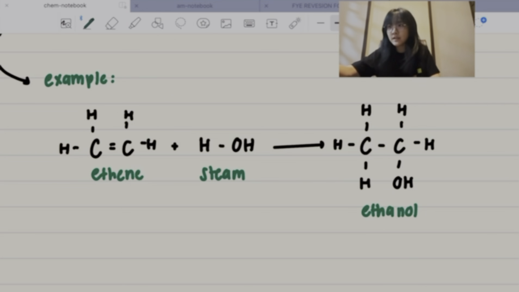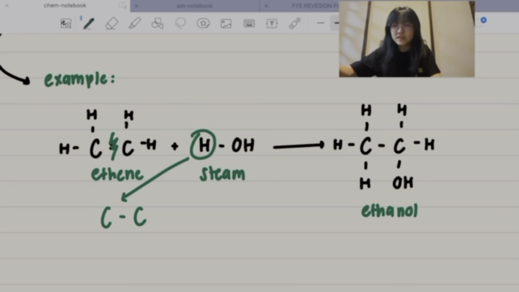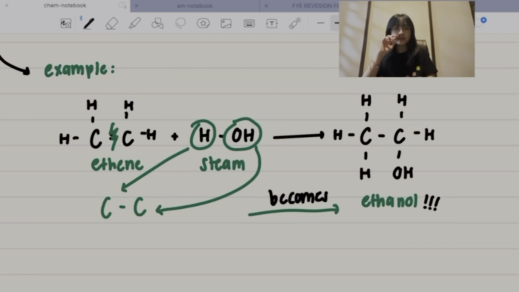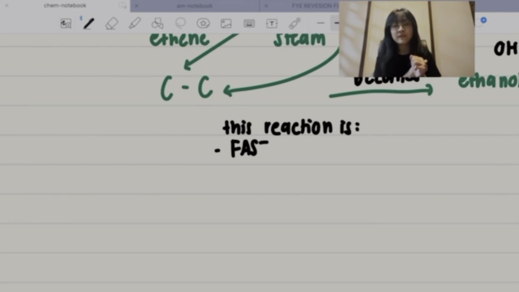So how does this reaction happen? You see, the carbon double bond from ethene will break, and each of the carbons will connect itself to H and OH, which is why the structure is like this. And this is alcohol. And this reaction, the steam reaction, is very fast acting.